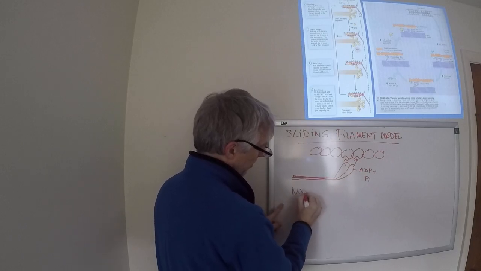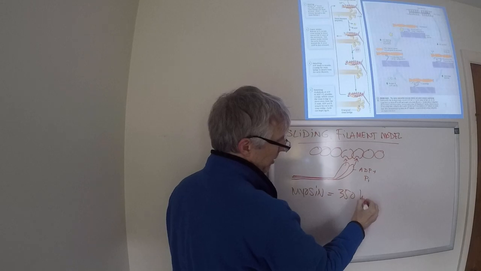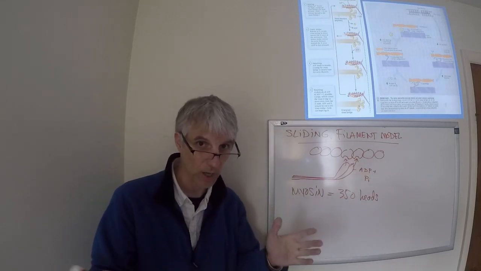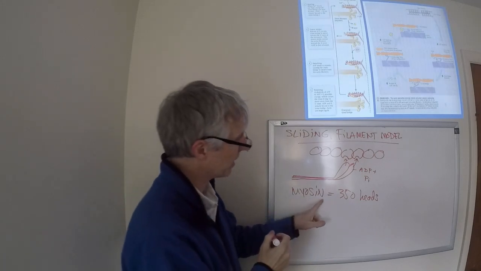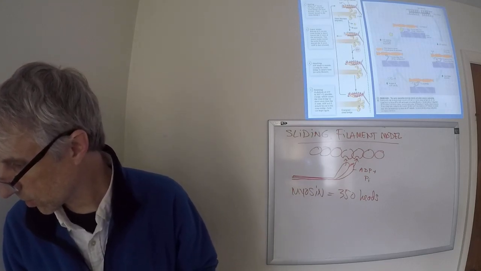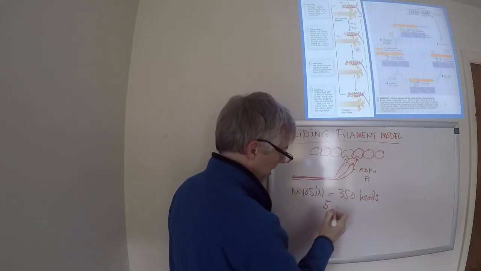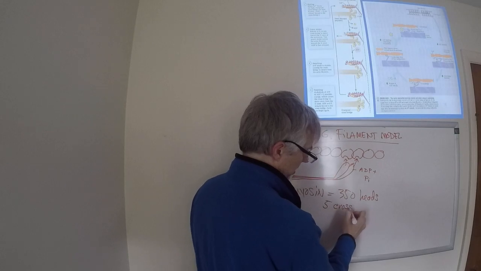So if we look at a myosin molecule, that's roughly 350 of these heads, or 350 cross bridges, however you want to think about it. And each of these are forming and reforming these cross bridges with the actin, about 5 of these cross bridges per second.